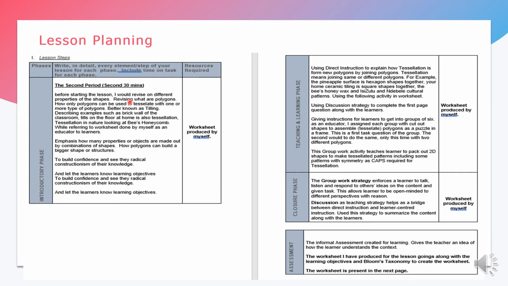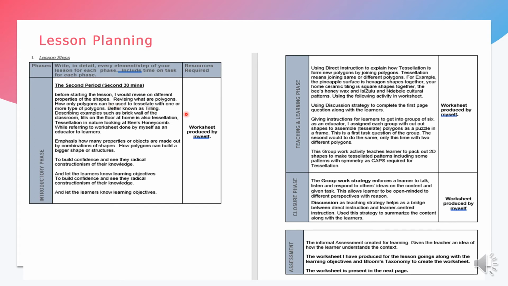So before restarting the lesson, you would revise different properties of the shape, remind them once again, and reinforce, have positive reinforcement to wake them up, because they've been learning. These are kids. Have a lot of reinforcements, jump up and down, touch your toes, and then go and sit down again, and let's focus. Okay, just to wake them up.